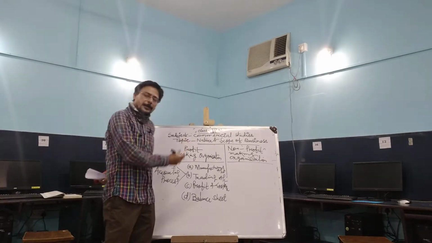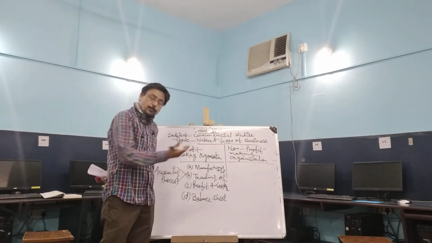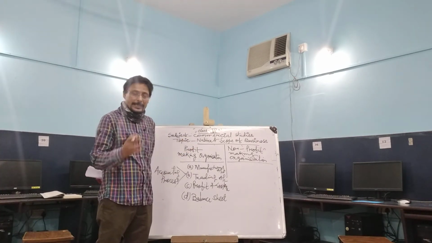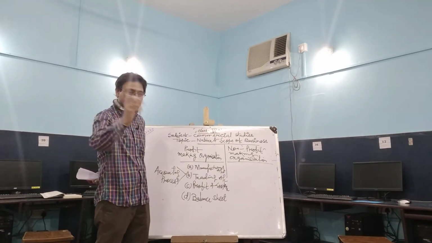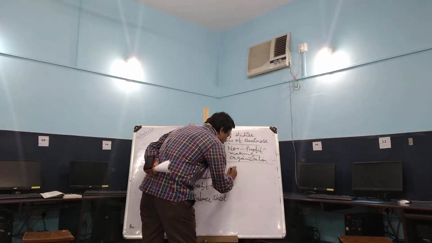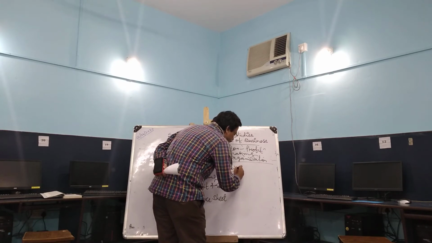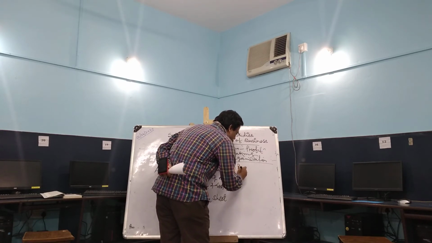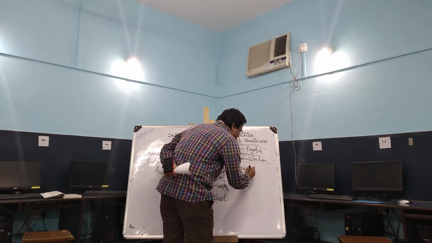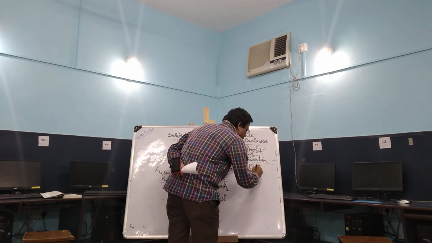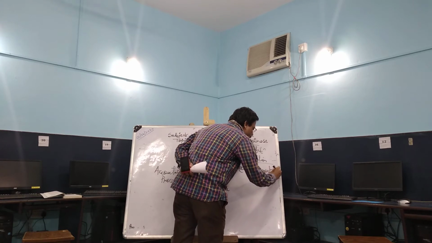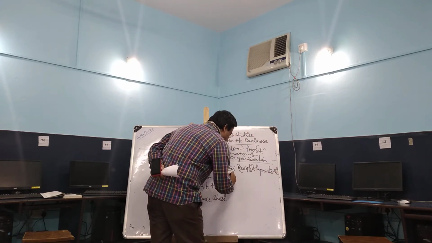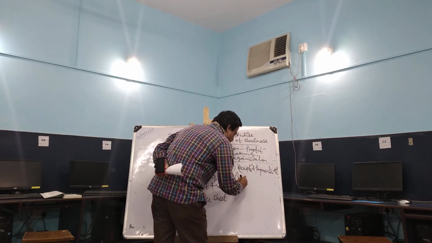But in the case of a non-profit-making organization, because profit is not their motive, they have the service motive. So separate types of accounts are prepared by them. What are they? Number A, receipts and payments account. Number B, income and expenditure account.